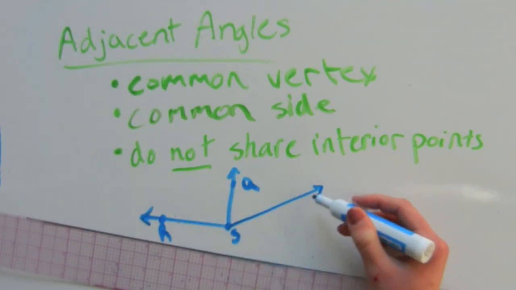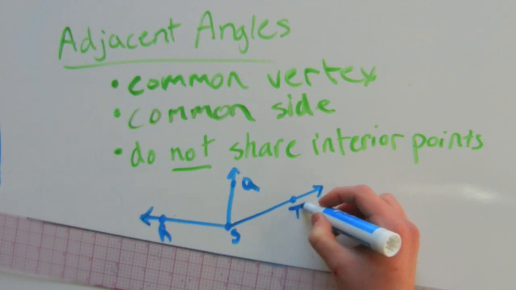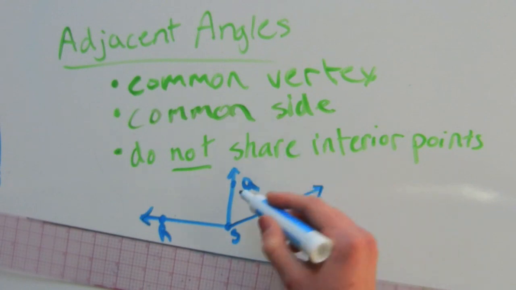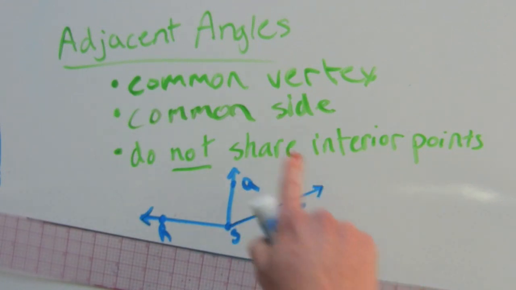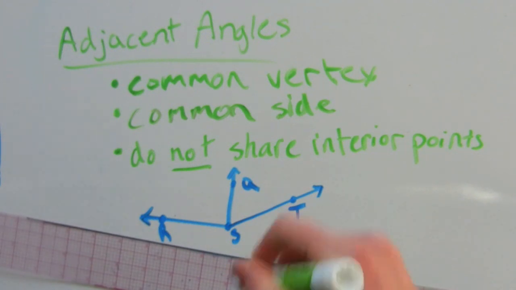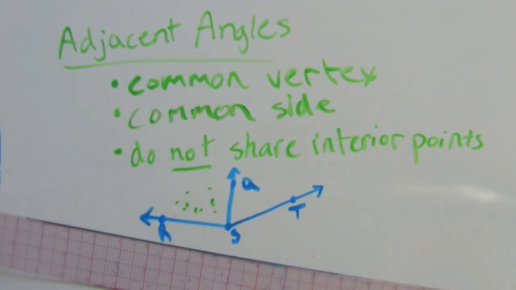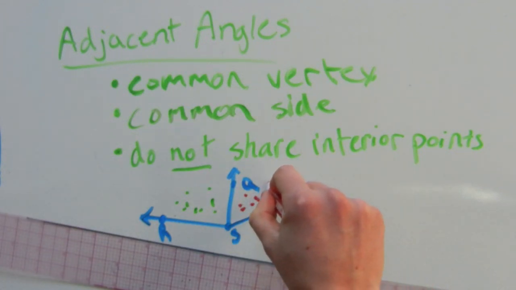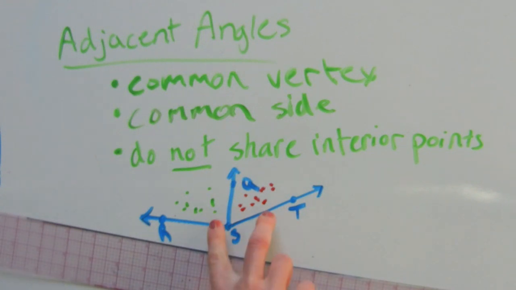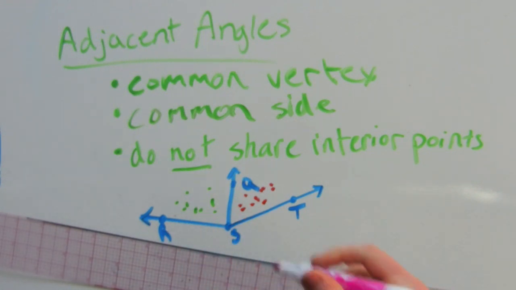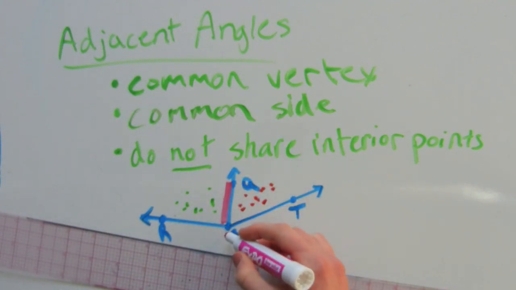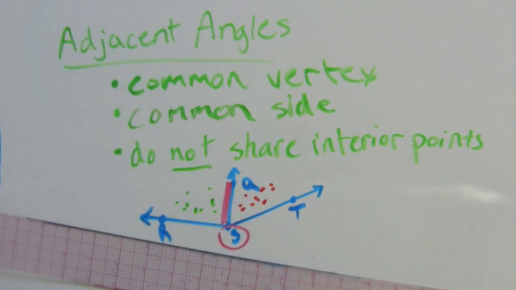So we'll have another ray branching off, ST, so angle RSQ and angle QST are adjacent angles. The interior points for RSQ fall over here, whereas the interior points for QST fall over here. So they do not share any of their interior points. However, they have a common side, which is this side, SQ, and a common vertex, which is S.